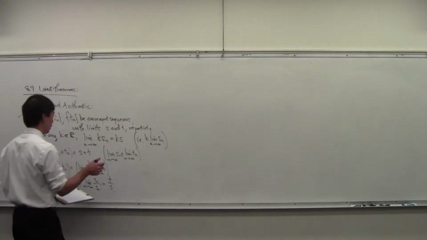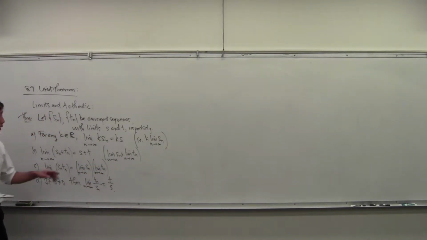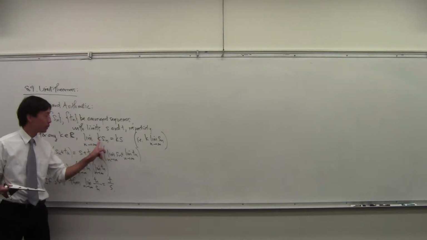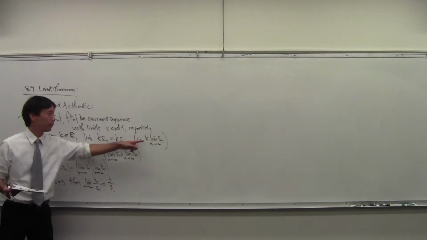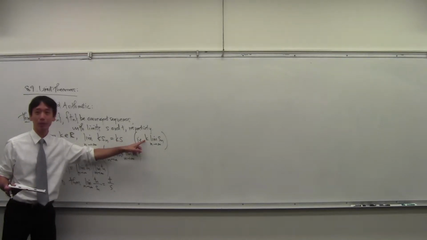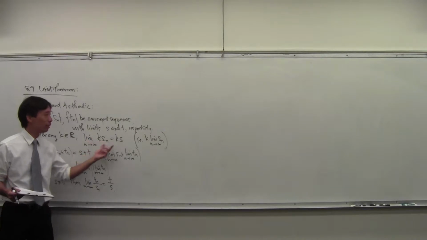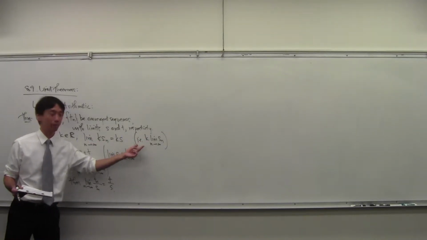So what this says is that you can take your sequence and multiply by a number, and then take the limit of that. Or you can take the limit first and then multiply by the number. So scalar multiplication: you either can do the scalar multiplication and then go through the limit, or take the limit and multiply by the scalar.